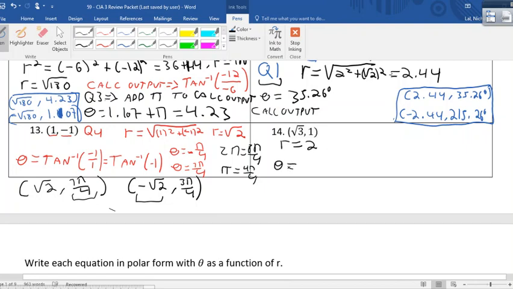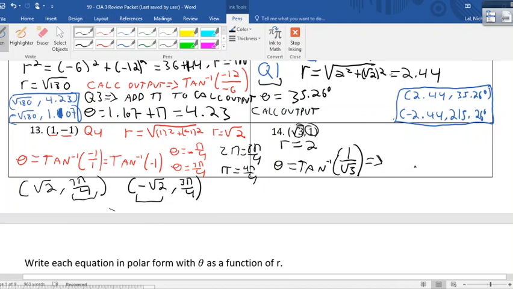Theta, and this is in quadrant 1, is going to be equal to the inverse tangent of 1 over the square root of 3. Just from the unit circle, if the tangent of theta is 1 over the square root of 3, we know this is at, well, even numbers are degrees, 30 degrees.